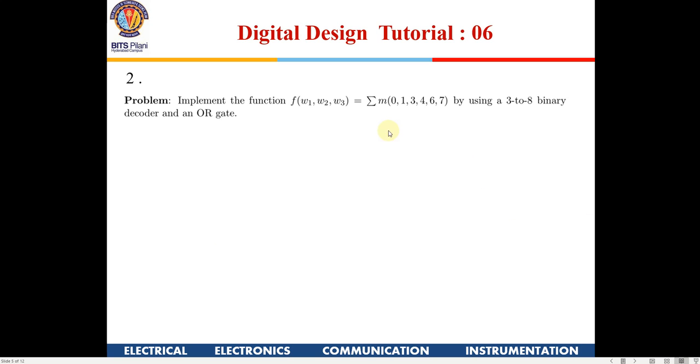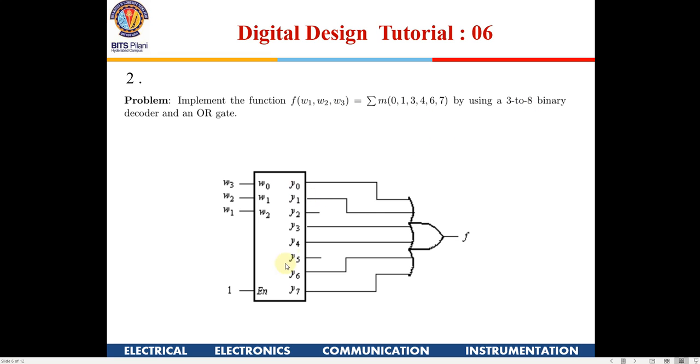Okay, then this is pretty simple. Whenever we go to make a function using a 3 to 8 binary decoder, what we have to do is just club all the outputs that are specific. If you see, when we give 000 input, y0 goes high, so that is as good as a min term.